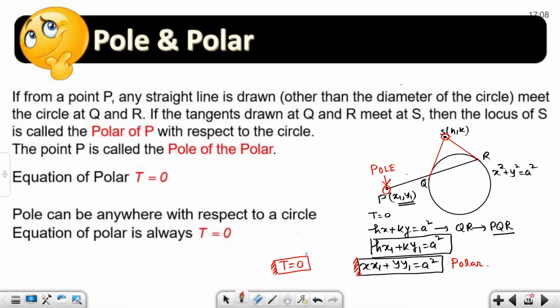Now I will show you that even if this point is inside the circle or on the circle, everywhere the polar of the pole P will be T equals to 0. Let me show it. Let me take a circle here, and we are taking a pole which is inside this circle.